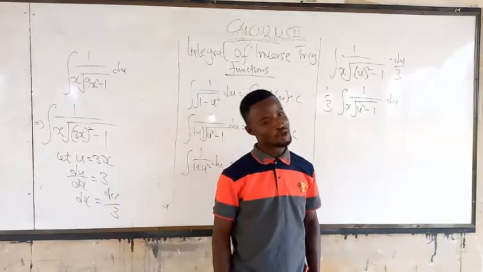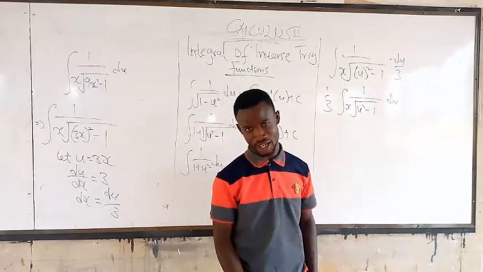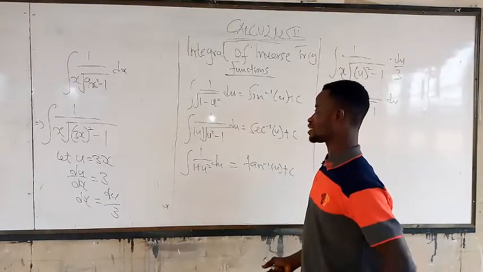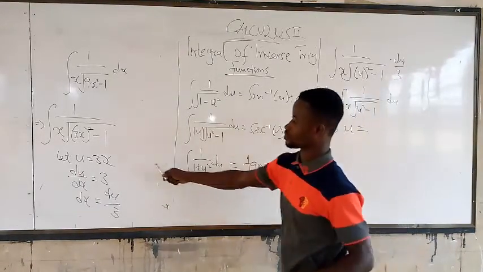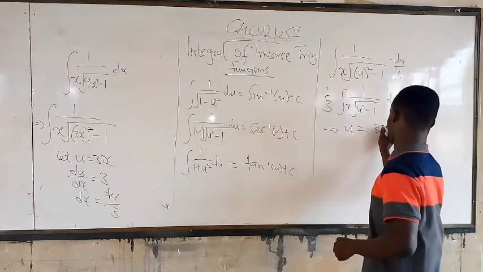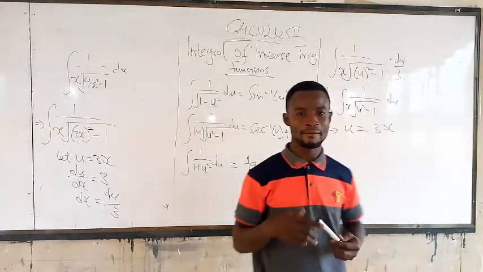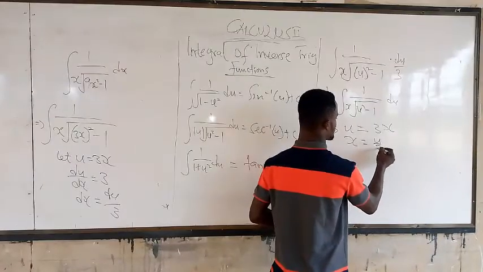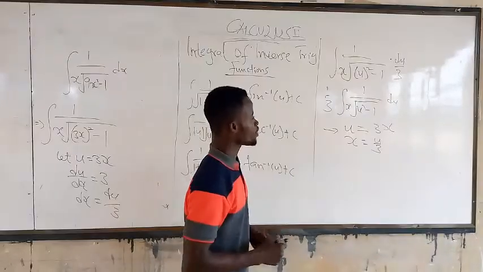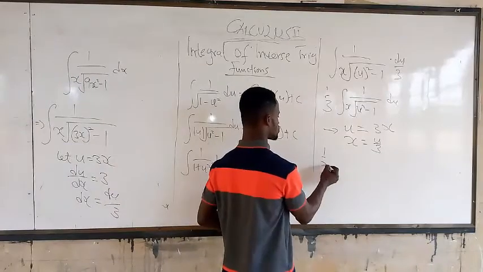But we can still solve it, okay? Don't forget that we know that u is equal to what? 3s. So you can make s the subject and you get s to be equal to u over 3. So when you get that, then you come and do the substitution.